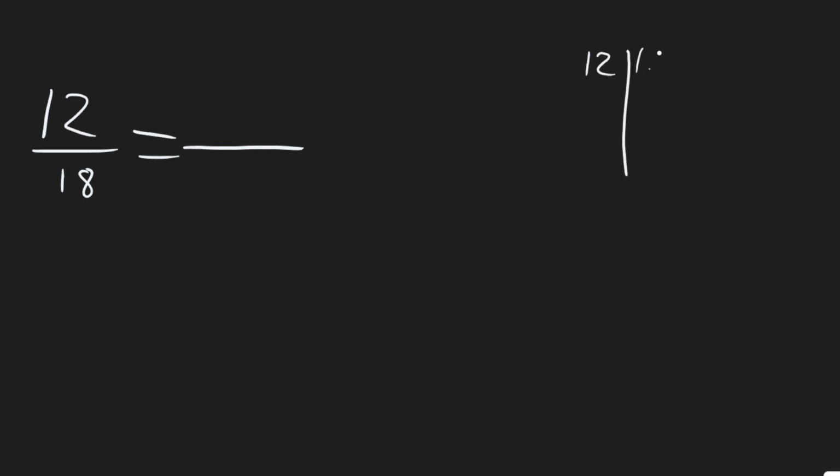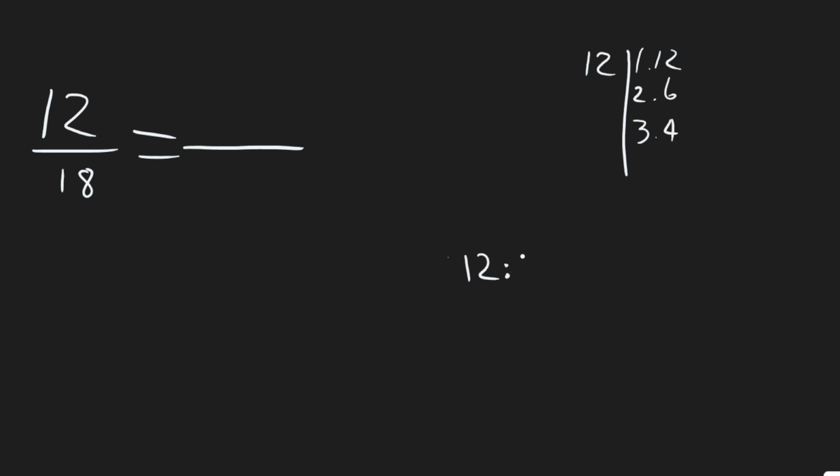This is 1 times 12, and we get 2 times 6, we get 3 times 4. So 4 again, we're going to get 4 times 3. We don't have to keep repeating the same numbers. So the factors of 12, I'm going to write 12 here.